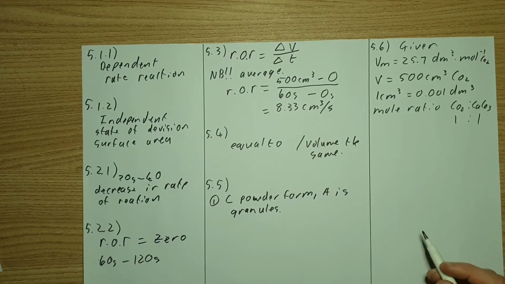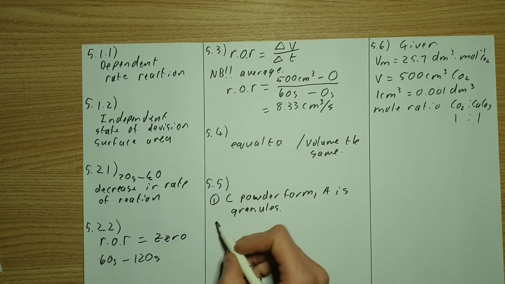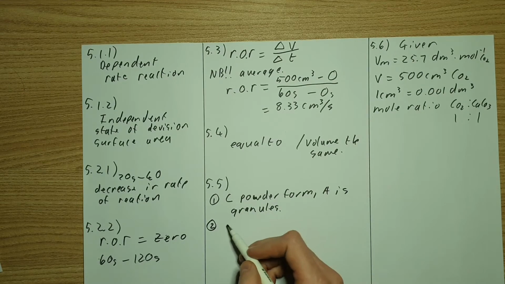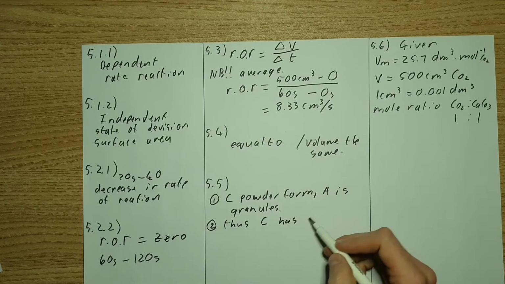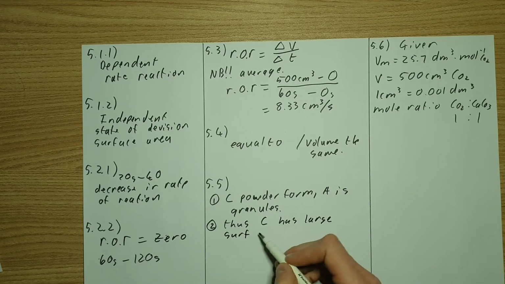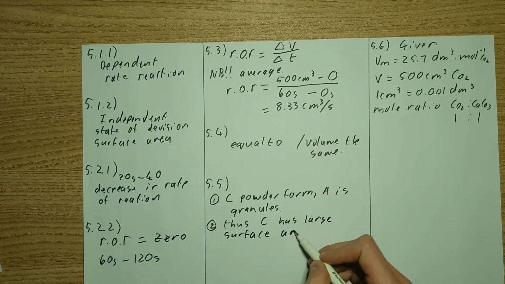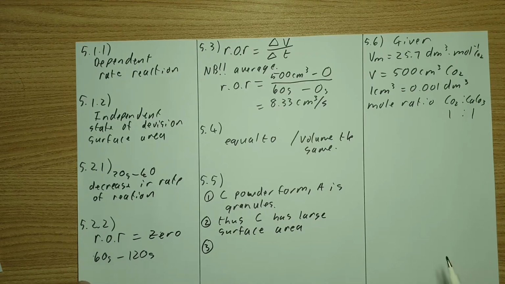Because C is in powder form, we have a larger surface area. So thus C has larger surface area. Now the third point, we have to talk about collision theory.